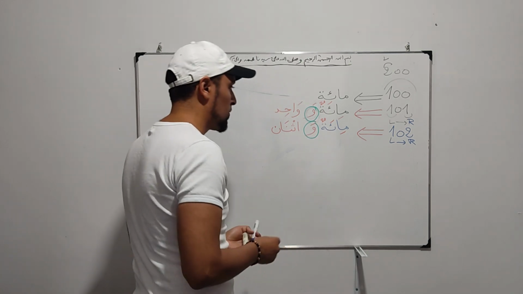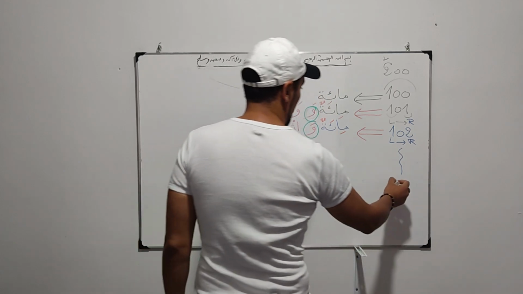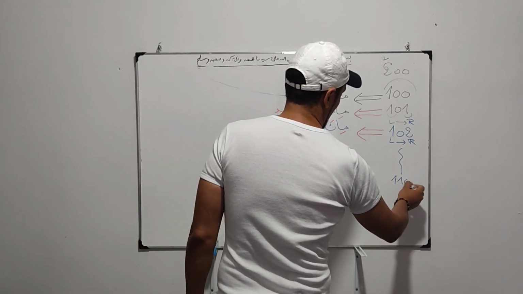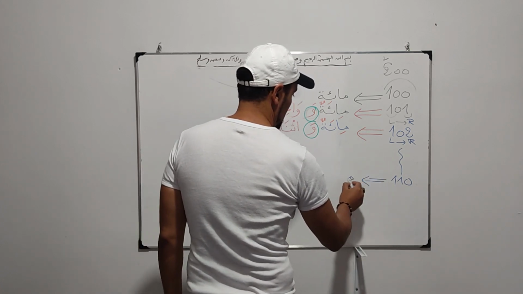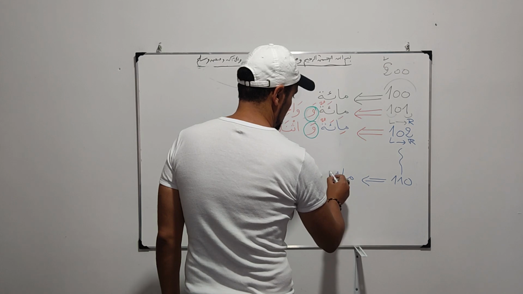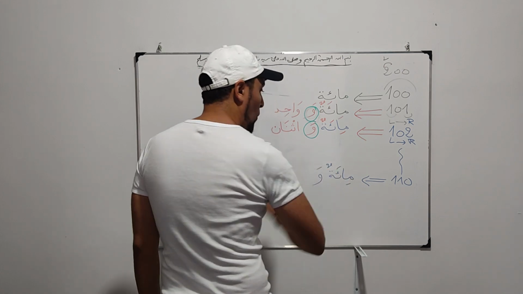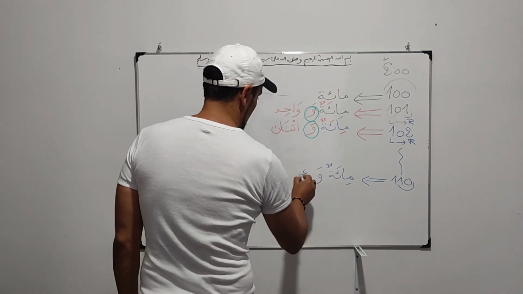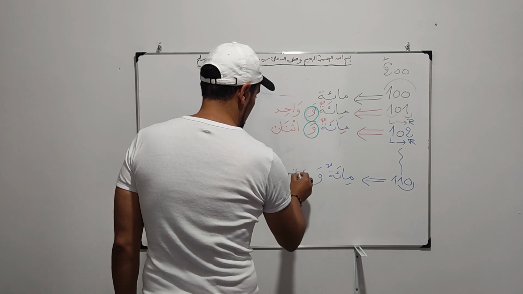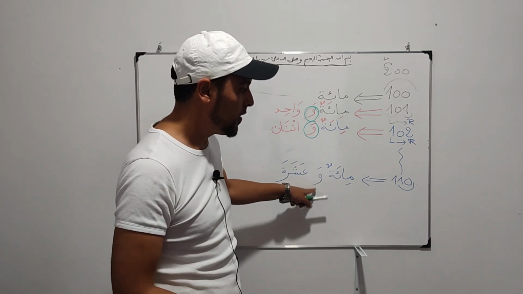And so on. For example, مئة و, what is this? عشرة. مئة وعشرة.